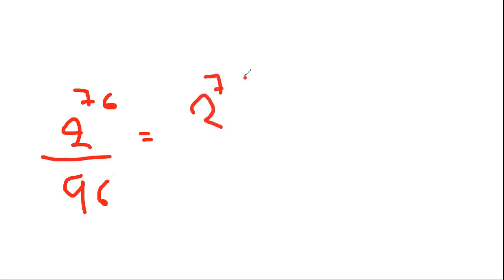I'm writing it. Now if I factorize 96, it is nothing but 32 multiplied by 3. And 32, I can write as 2 to the power 5 multiplied by 3.